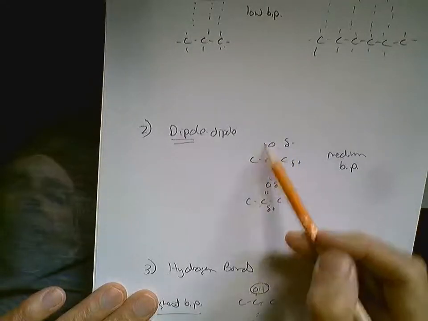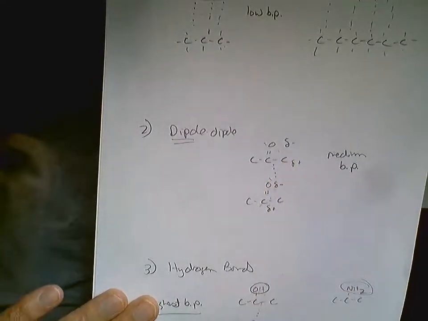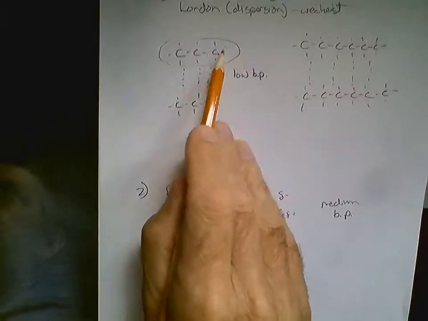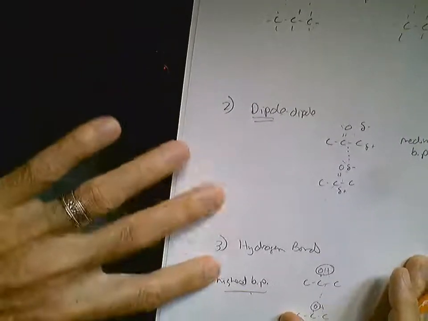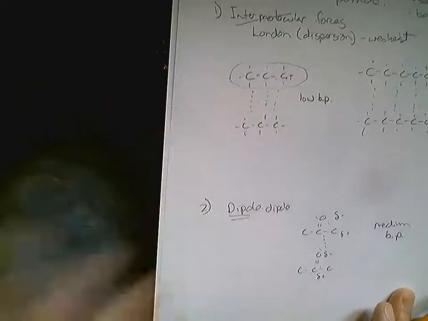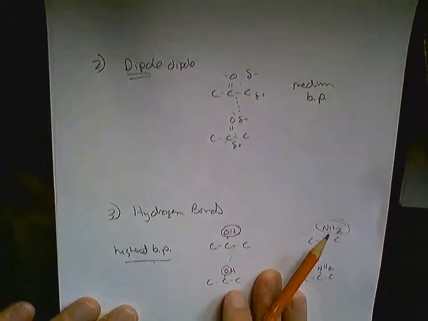If they just have O's or they just have Cl's, they will dissolve together. This here is far away from this, so they do not dissolve together. But if you're right beside somebody, like hydrogen bonding's right beside dipole, dipole's right beside dispersion, they will dissolve together.